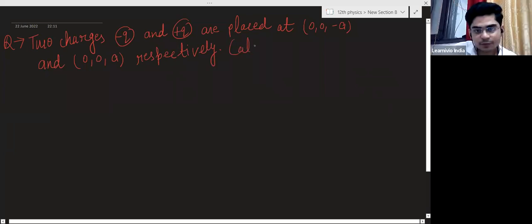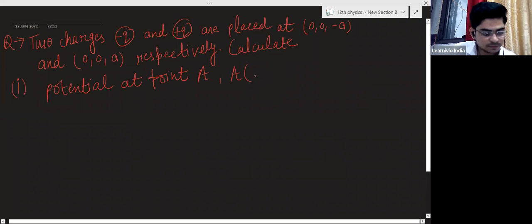Now the first part of the question is to calculate the potential at point A, and the coordinates of A are given as 0 comma 0 comma some z.